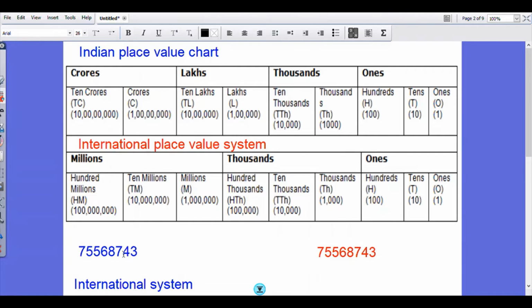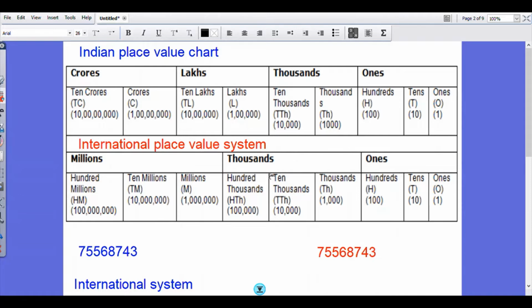Suppose I write one number here, and here also the same number. If we have to mark this number in the international system and in the Indian system, how can we mark it? We can separate it with the help of commas.